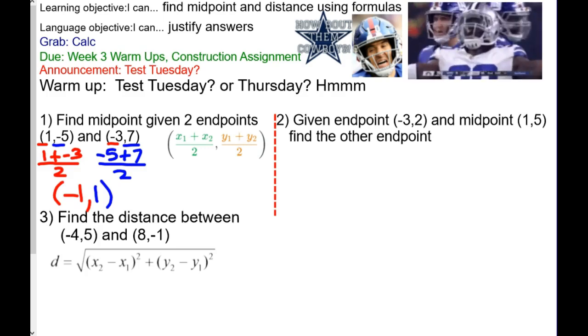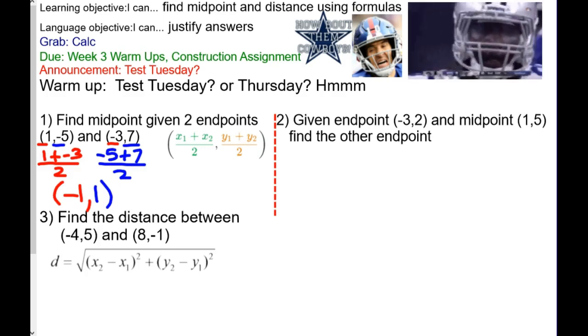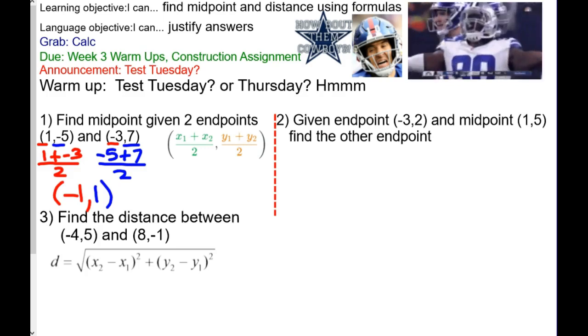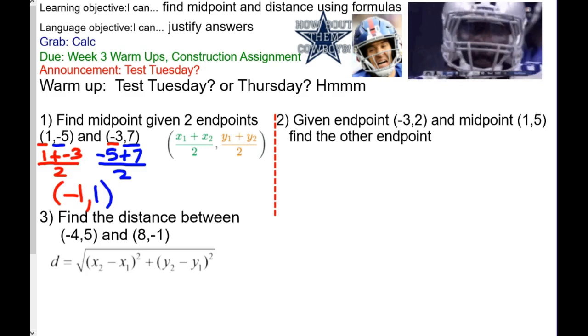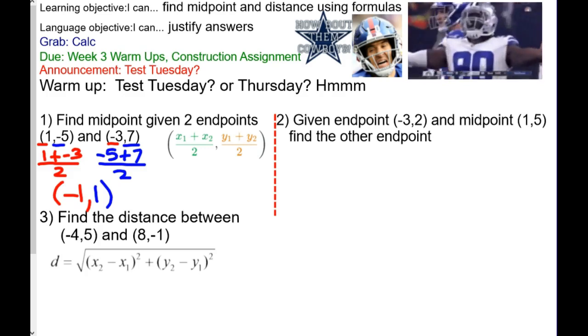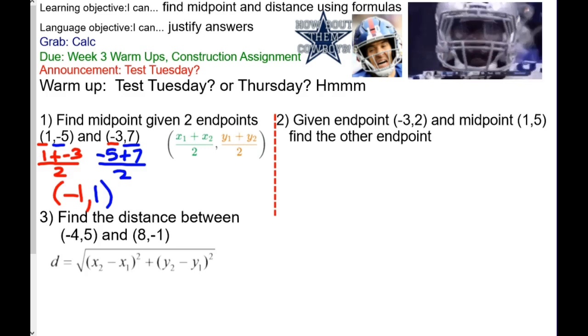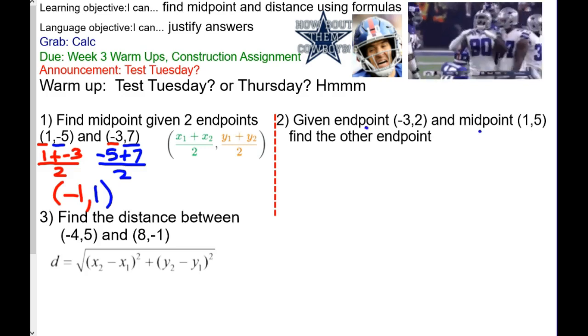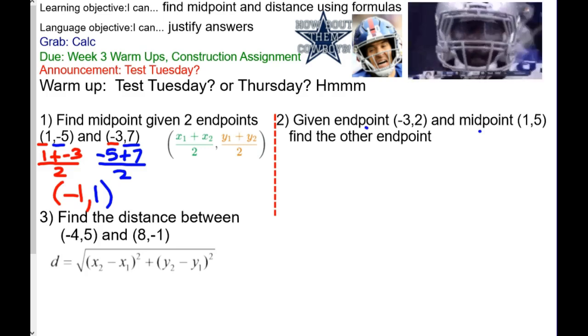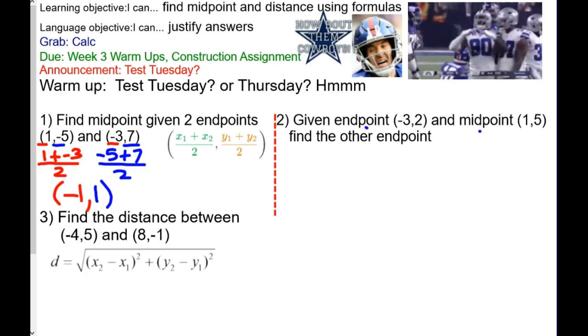Now, number 2, right? Y'all listening with headphones in your ears? Number 2 is different. It's like number 3 and 4 from our notes from Friday. I want everyone to make sure you're reading these problems because this does not give you 2 endpoints. It gives you 1 endpoint, and it already gives you the midpoint. There's a couple ways to do these. You can do this with mental math.